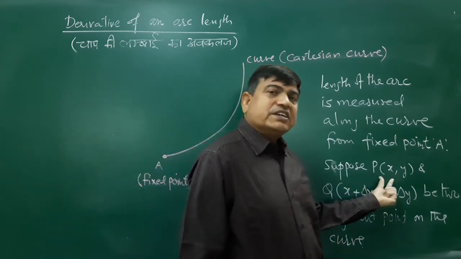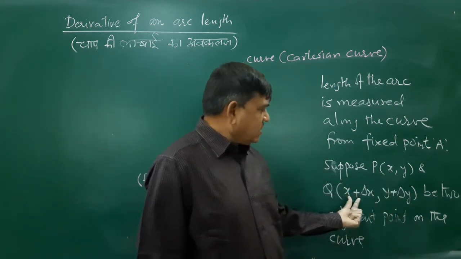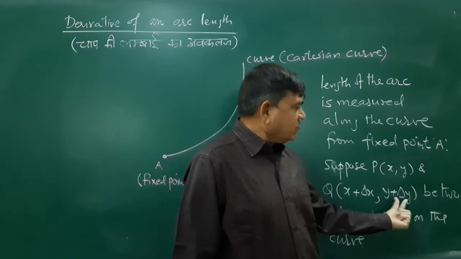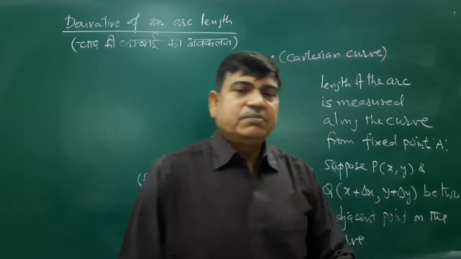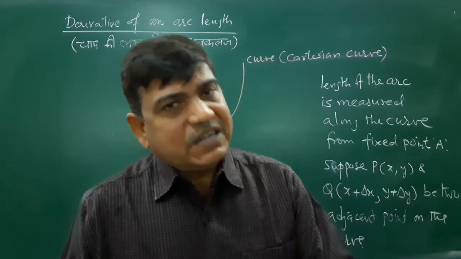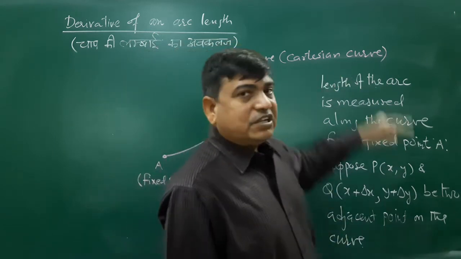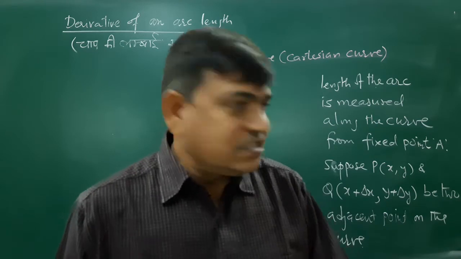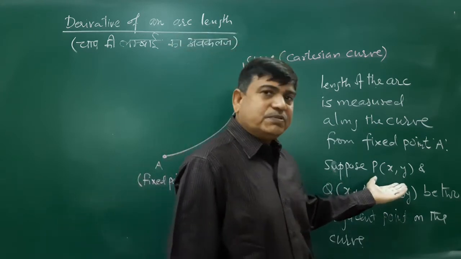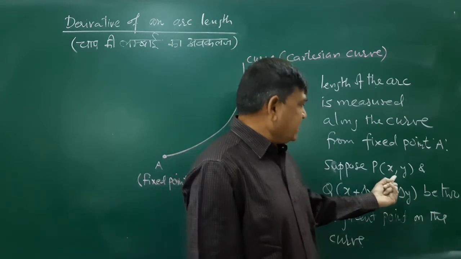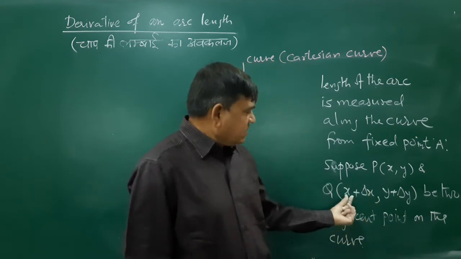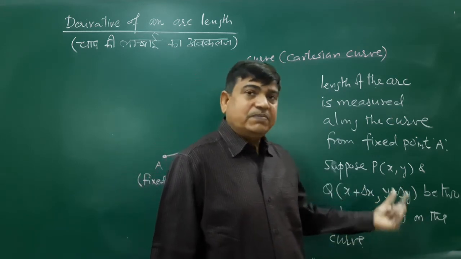P having the coordinates x comma y and Q having coordinates x plus delta x, y plus delta y, two neighboring points, two adjacent points on the given curve. Since the equation of the curve is in Cartesian form, we are writing the coordinates of the points in Cartesian. So it is x, y and its neighbor point, that is x plus delta x and y plus delta y.